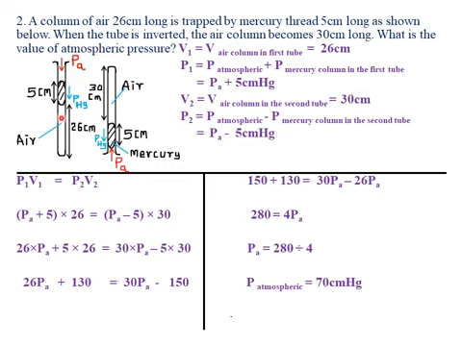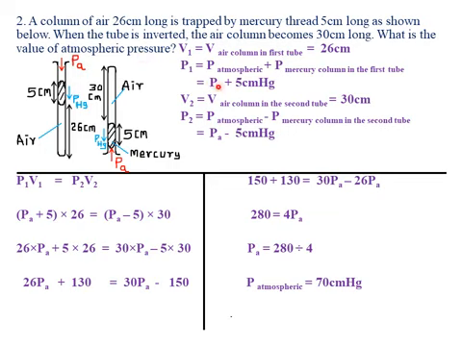Therefore, the total pressure being exerted on our air is simply atmospheric pressure PA plus the pressure due to the mercury, that is PHg. Therefore, P1 is equal to atmospheric pressure plus the pressure due to the mercury column in the first tube. Of course, PA, the atmospheric pressure, is the unknown.